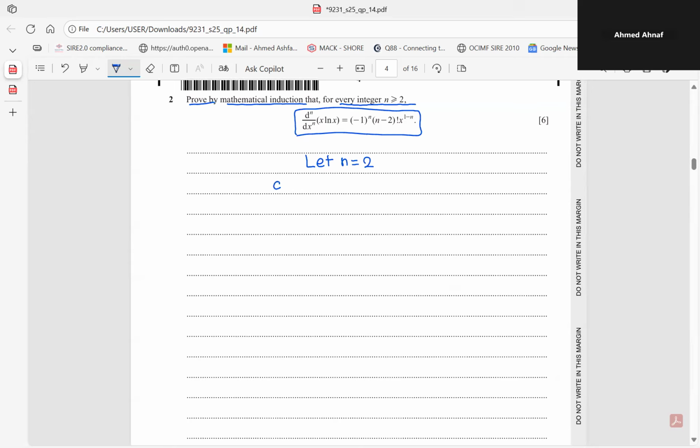And then this would be d squared over dx squared of x ln x. So basically, this is just the second derivative of this. So to find that out, you're going to have to differentiate this expression twice. So let's differentiate x ln x. So we just use the product rule.